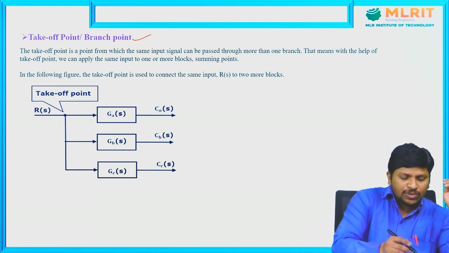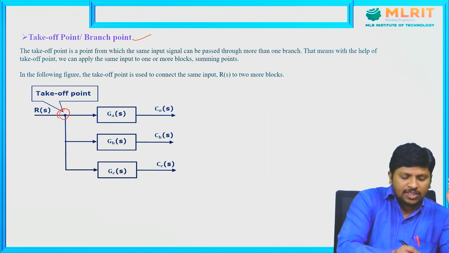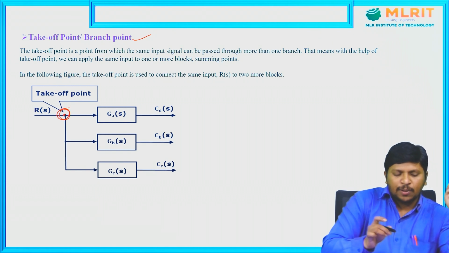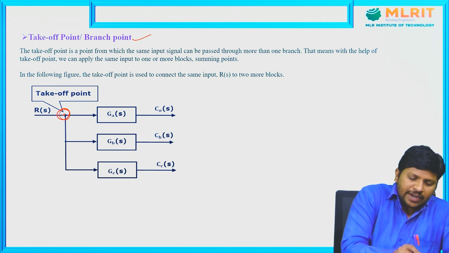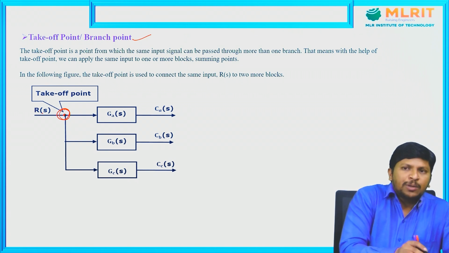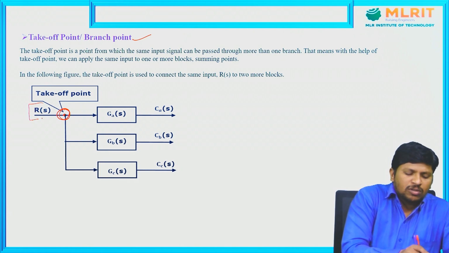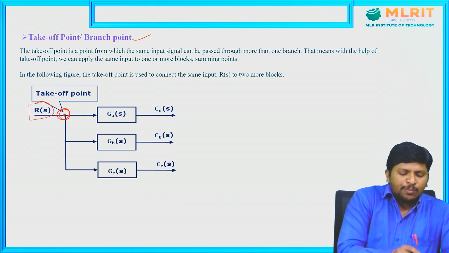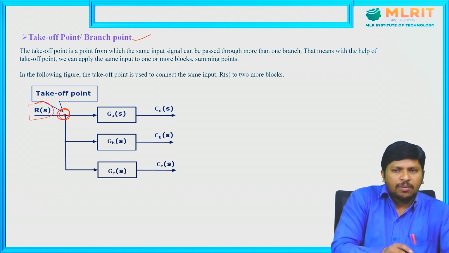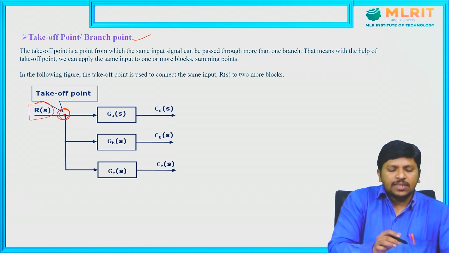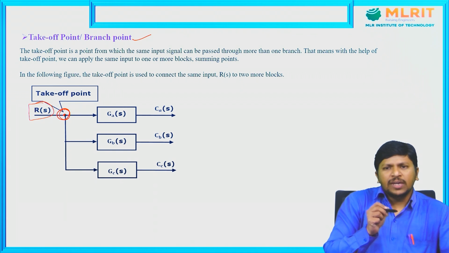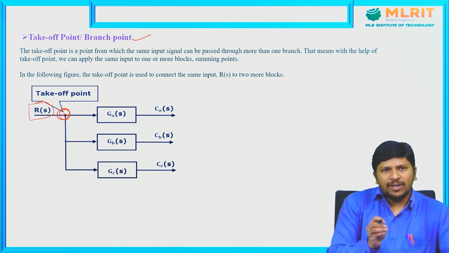Here, this point is the take up point. By using this take up point, we give the same input signal, R of S, to more number of blocks or summing points.